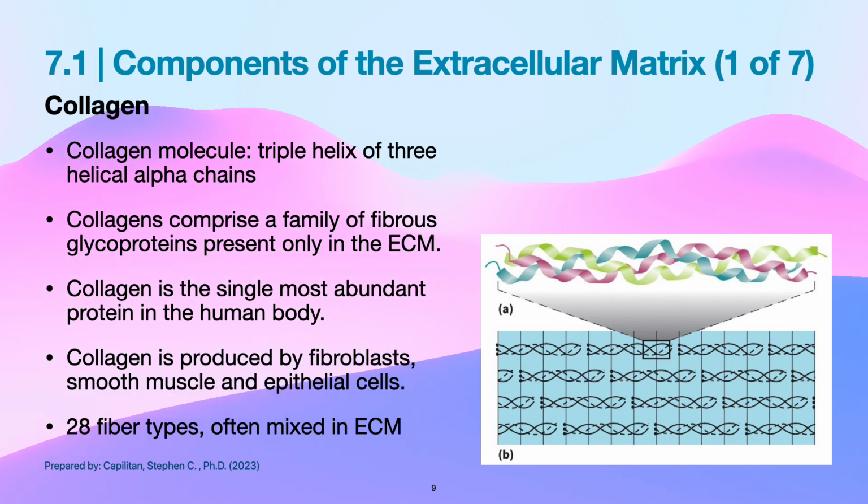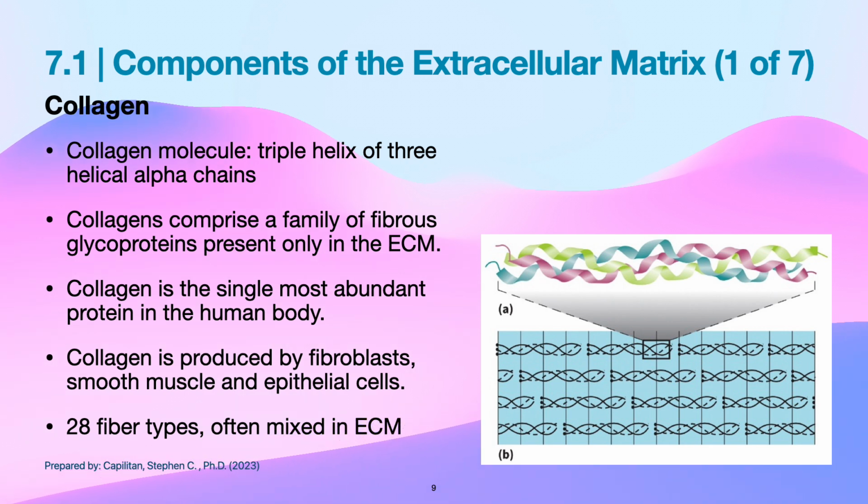In letter B, it shows the collagen 1 molecules, which become aligned in rows, in which the molecules in one row are staggered relative to those in the neighboring row. A bundle of collagen 1 molecules, such as that shown here, forms a collagen fibril. Remember the staggered arrangement of the molecules produces the bands.